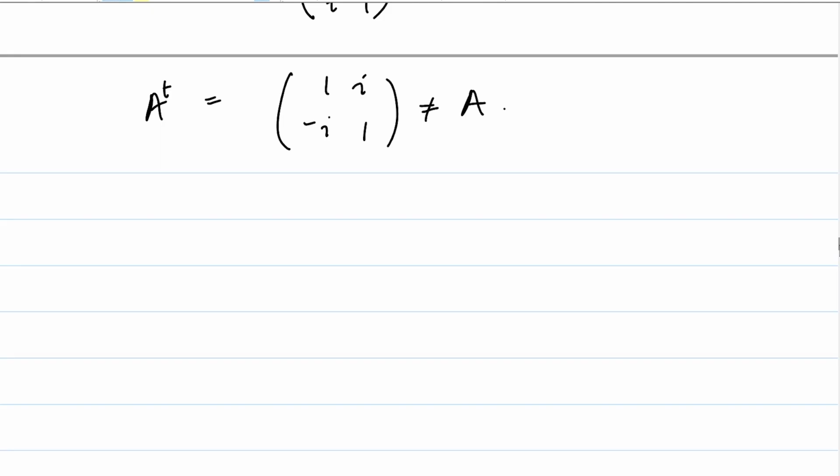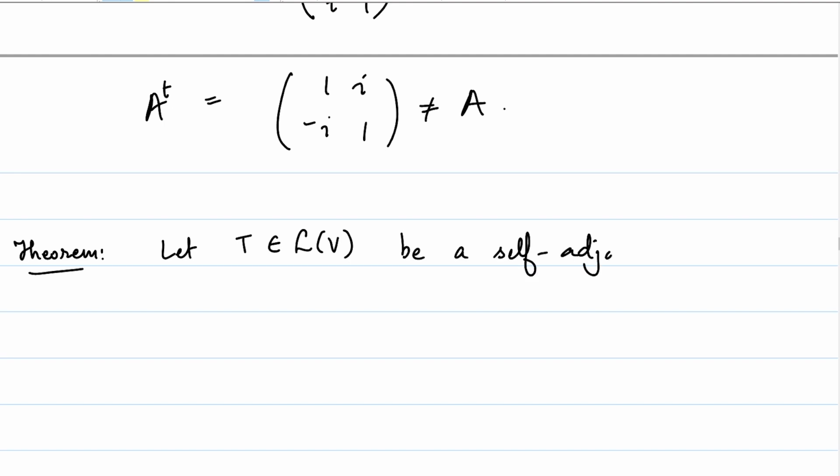In the case of self-adjoint operators, we can say more, which will be captured in the next theorem. So let me write down the theorem. Let T be a self-adjoint linear operator on an inner product space.